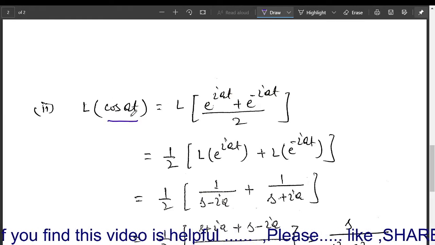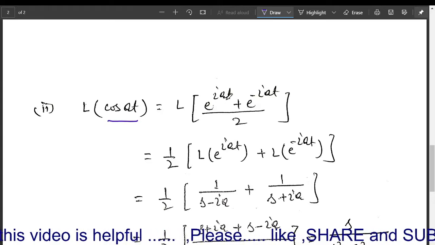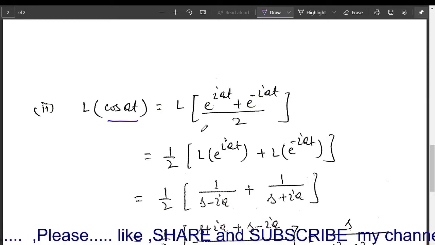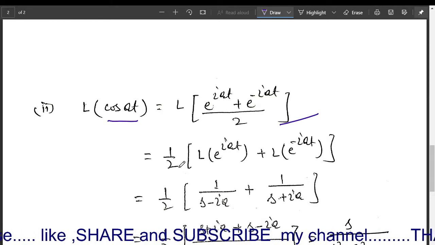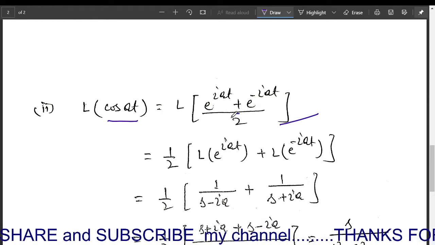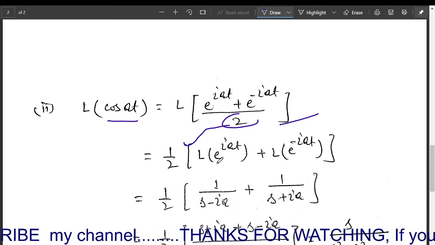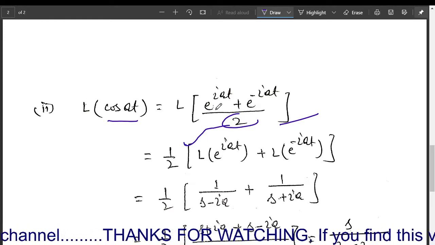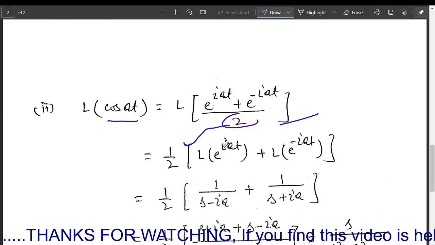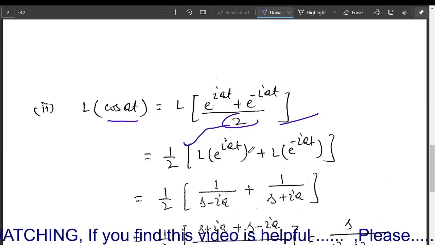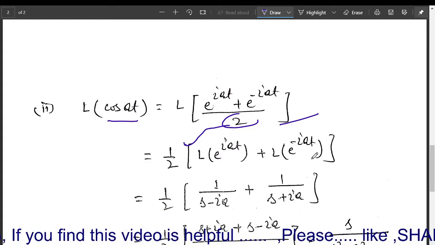We can write cos at in the form of e to the power iat plus e to the power minus iat, upon 2. Apply the linearity property: 1 by 2 is the constant term, so you can take it outside, and you have to find the Laplace transform of e to the power iat plus the Laplace transform of e to the power minus iat.